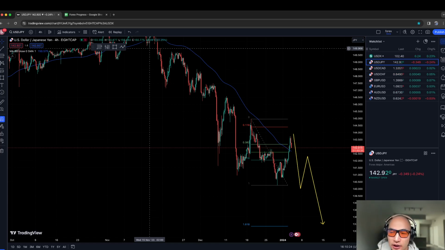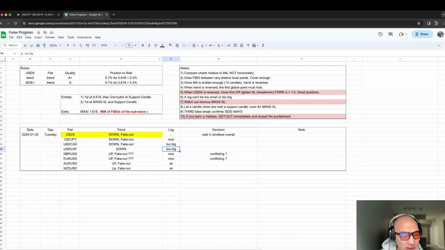So if you are eager to trade right now, the best offer I can give is that for USD Japan yen, the leg is very nice. For pound and euro USD, we have conflicting information. So if you really want to trade, the best trade you can take is the USD Japan yen right now.